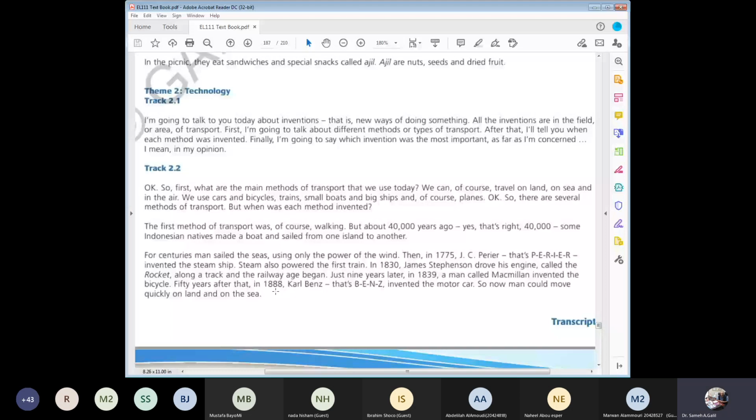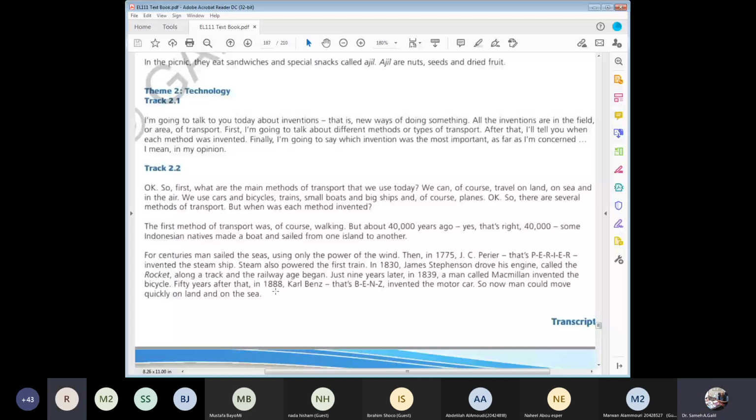So I'm going to talk to you today about inventions. People don't know what inventions are, right? I said that is new ways of doing something. Are you getting the idea? Every time I have "that is," it means he's trying to say "I mean," right?